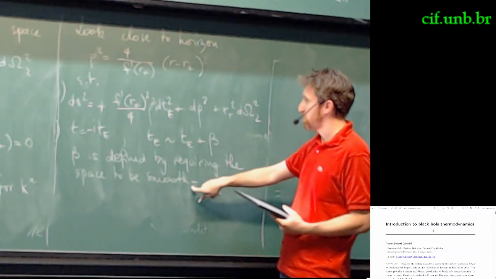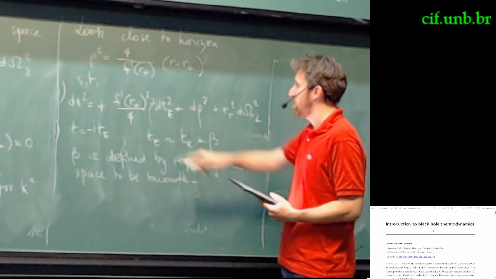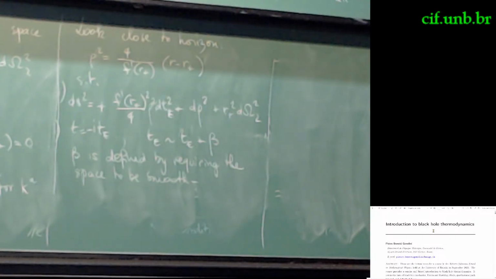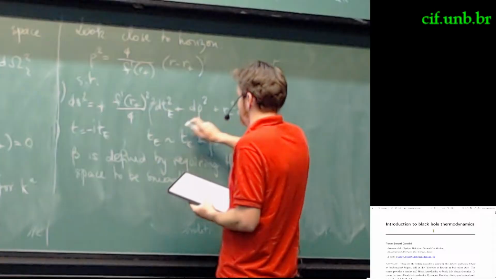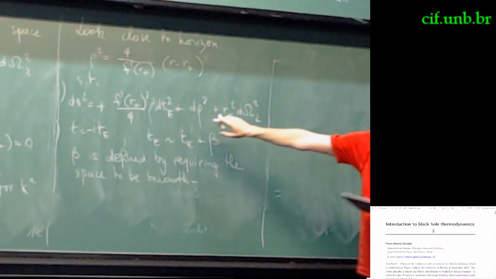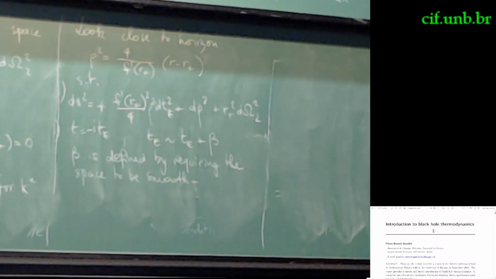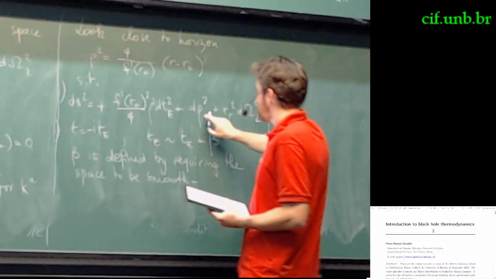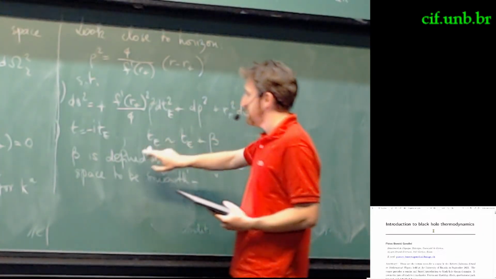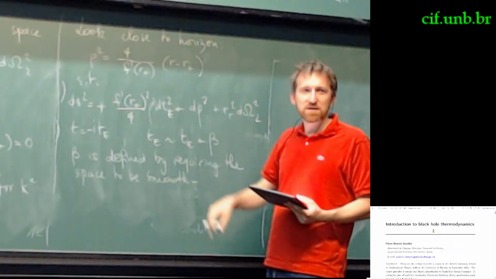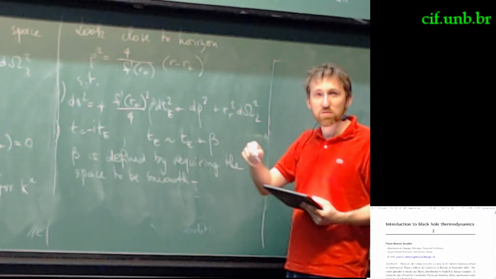Why is there a smoothness problem? Let's look at a constant rho orbit. So a constant rho orbit, since t_E is identified periodically, is just a circle.